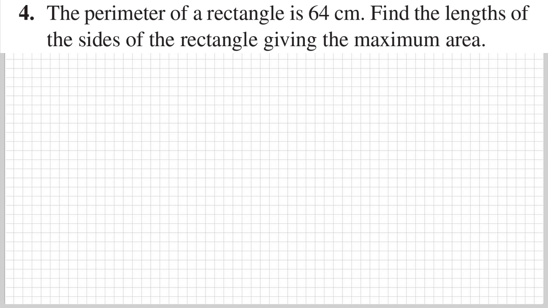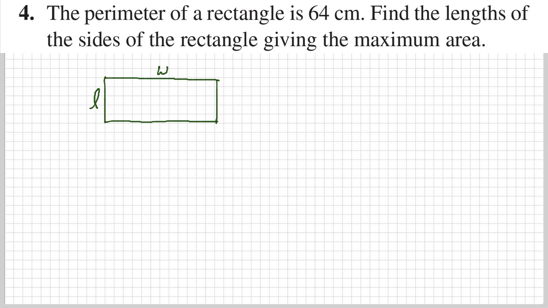We have a rectangle, and the perimeter is 64 centimeters. So let's say that this top bar is the width, and then this is the length.